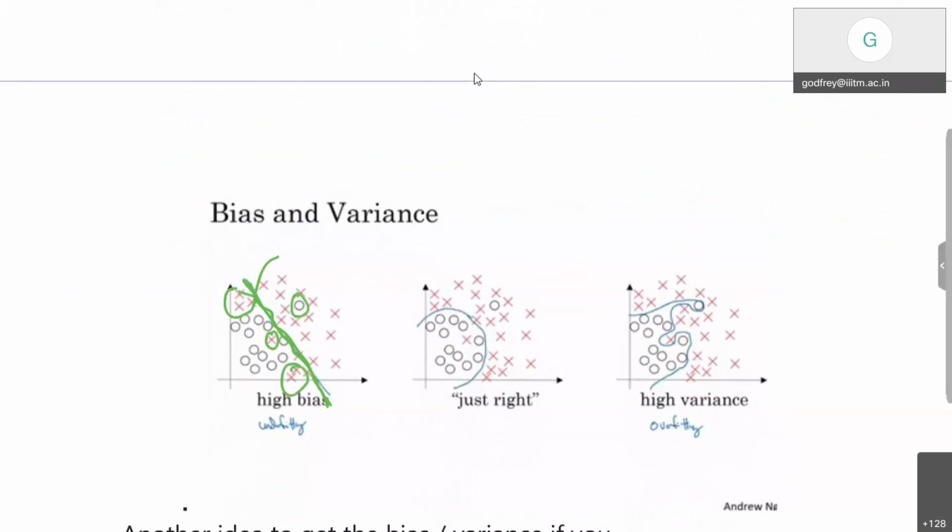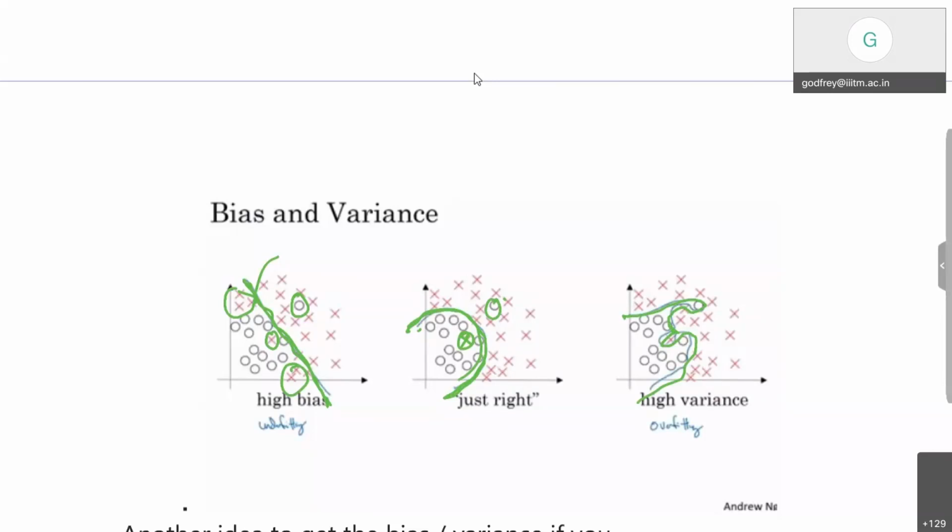On the other hand, you have another model with some minimal errors, so you are able to have a decision boundary which separates these two classes. Then you have another decision boundary which very clearly separates these two classes, but we can see that it suffers from high variance.